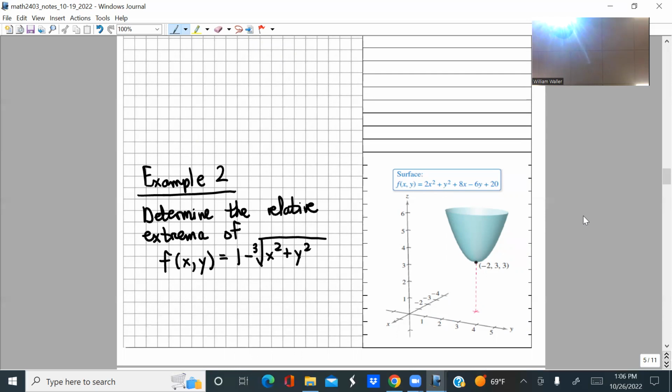So it certainly does look like not only is that a local minimum, you can see that's a valley, but it looks like an absolute minimum, because I don't think that surface ever gets anywhere below that point, right? So not only is it a valley point, that's the lowest point anywhere on that particular surface.